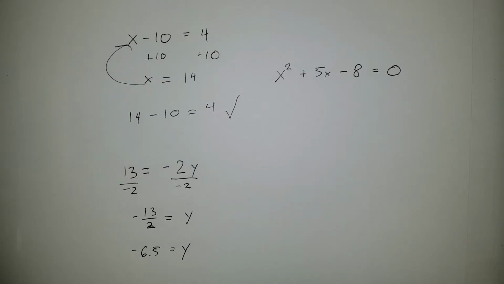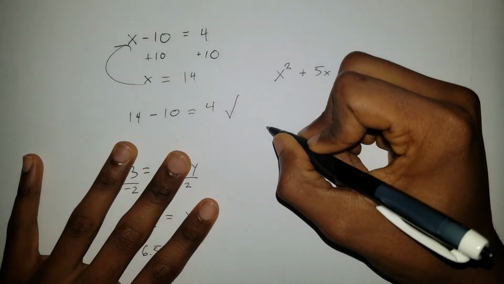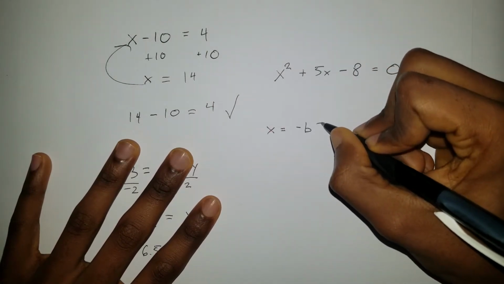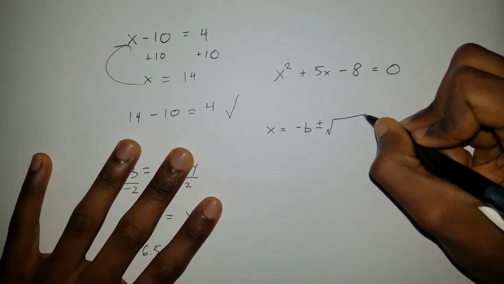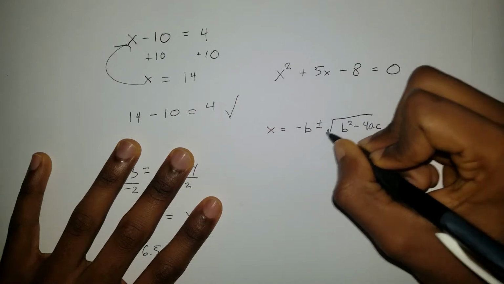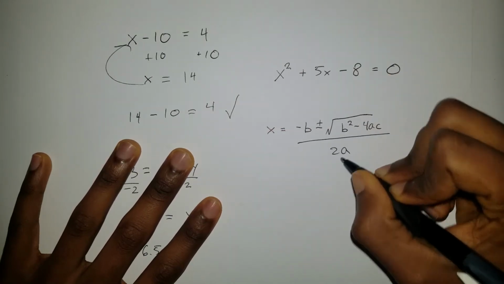So what we'll have to do is use the quadratic formula, which simply says x equals negative b plus or minus the square root of b squared minus 4ac all over 2a.